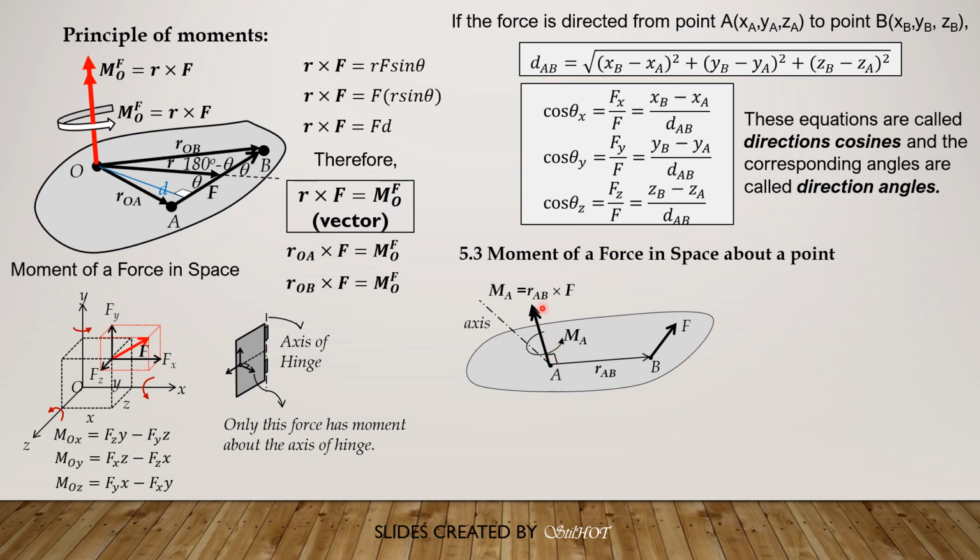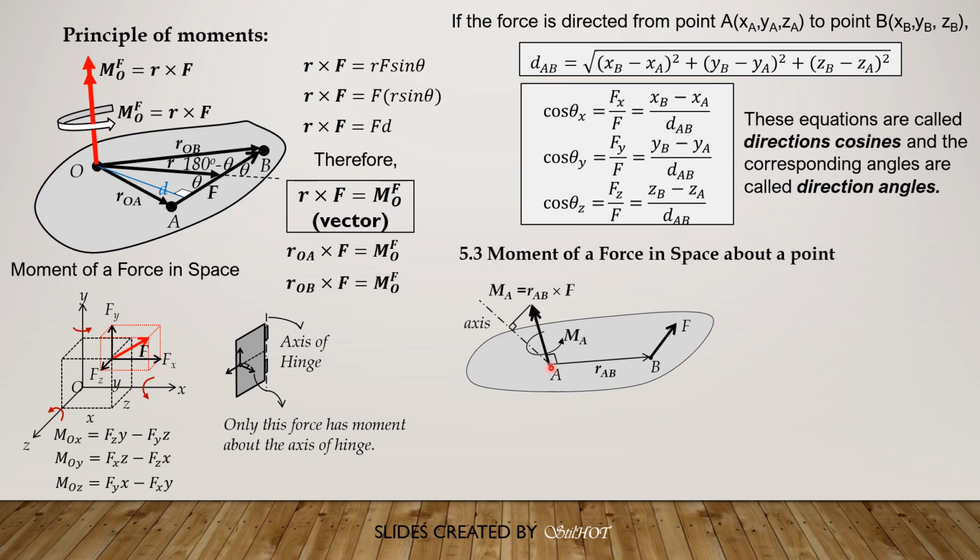Then, having found this vector, and if we express the axis as a unit vector of the axis, then we can compute the component of MA, or the moment of the force about A, along this axis, or we can project MA along the axis.